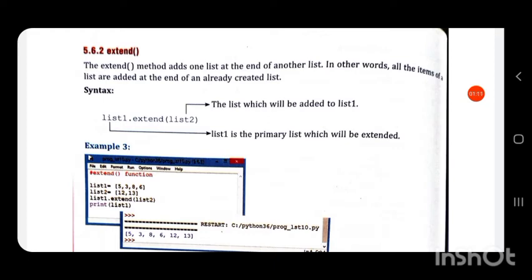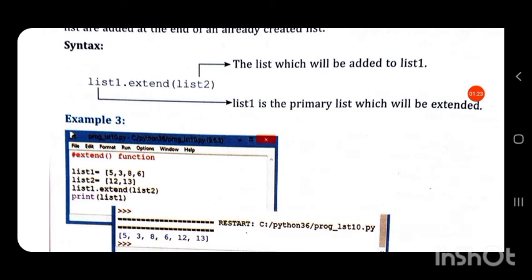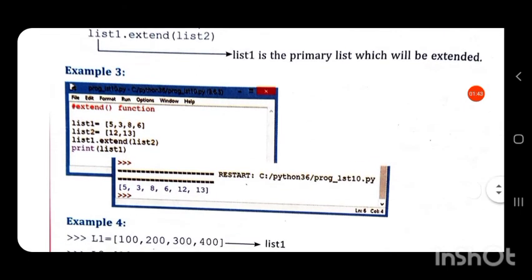So the syntax of extend method is list1.extend(list2). Here all the elements of list 2 are added at the end of list 1.